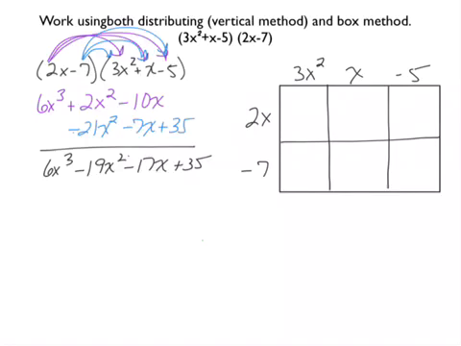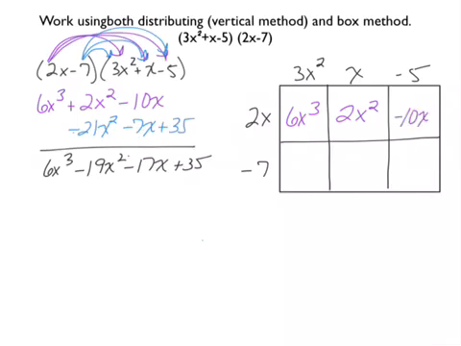Let's now work the same problem using the box method. We have 2x times 3x squared, that makes 6x cubed. 2x times x, 2x squared. 2x times -5, -10x.